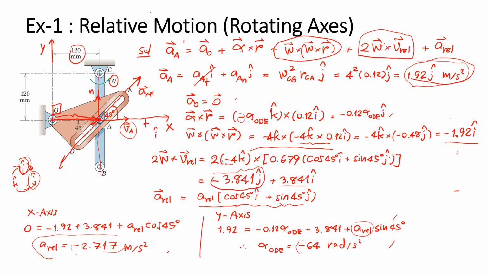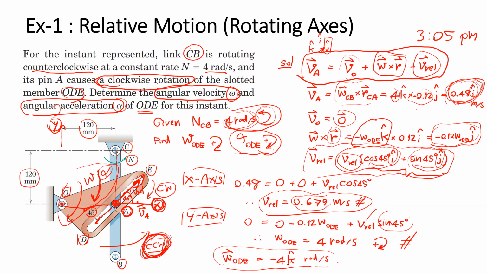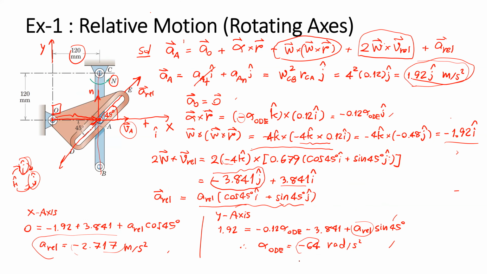So the numerical value is minus 1. If you write the vector form of alpha, it's going to be counterclockwise. Counterclockwise means positive k.